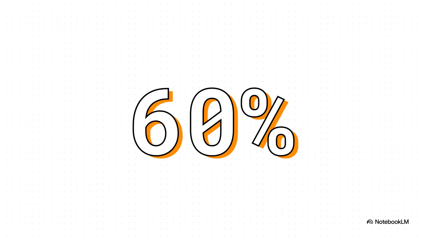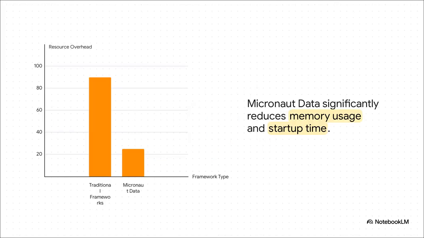And in a world of microservices and serverless that need to scale up and down in the blink of an eye, that is a massive advantage. When you put it side by side with traditional frameworks, the difference is just crystal clear. Micronaut Data gives you way lower memory usage and much, much faster startup times. And that translates directly into smaller container images, lower cloud bills, and really snappy performance for things like serverless functions that have to deal with cold starts.